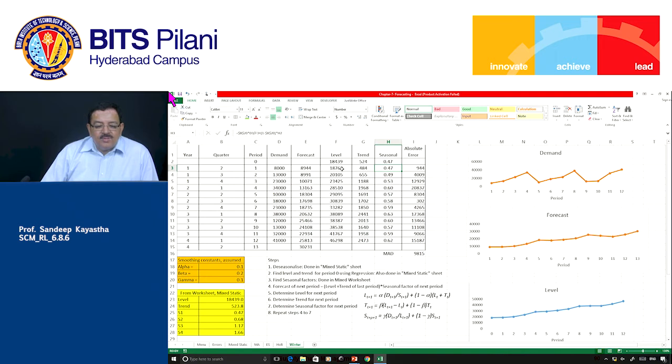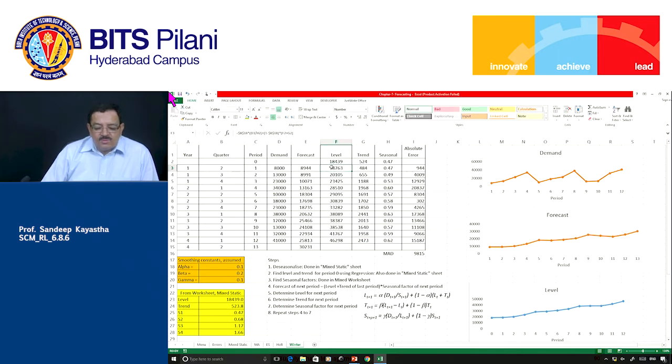So to find out the level, we use the equation which is given here. Next level is equal to alpha into D(t+1) divided by S(t+1) plus (1 minus alpha) into (L(t) plus T(t)). Let me show you.